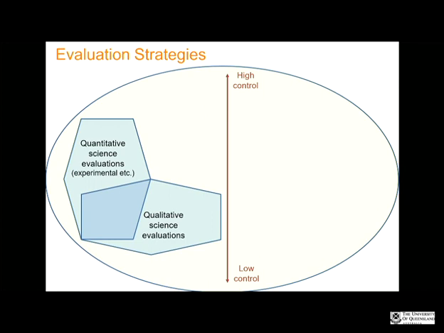So up this end, probably with higher control, you've got a qualitative survey where you're able to cut out a lot of confounding factors and just ask some people some very specific questions. And then as you get to low control, you might be doing case study research where you're looking at a natural phenomenon and you actually can't put any controls around it at all.